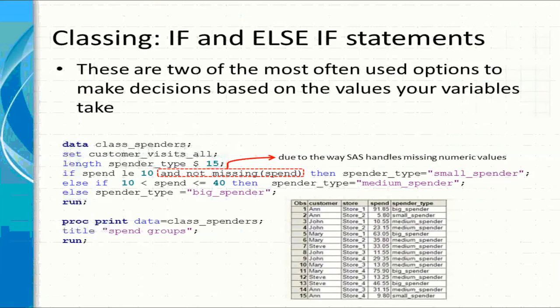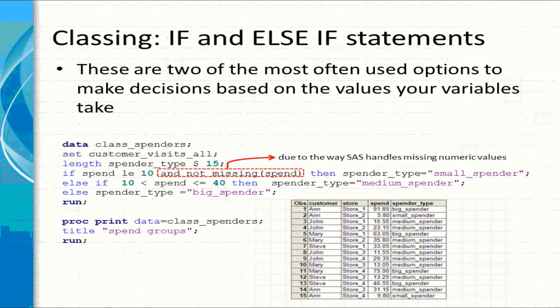Now we can also create some classes, using, for example, the if and the else if statements. These are very often used to make decisions based on the actual value that your variables take. So for example, in this particular case, we're creating a spender_type class where basically we say if spend is less or equal to 10 and not missing, then the spender type is a small spender.